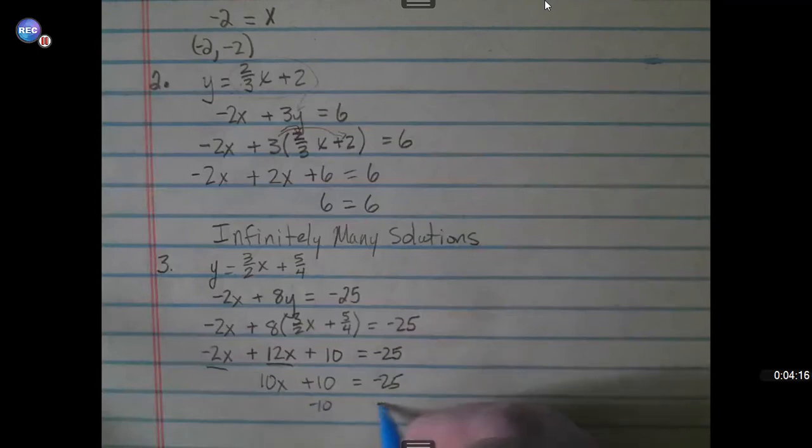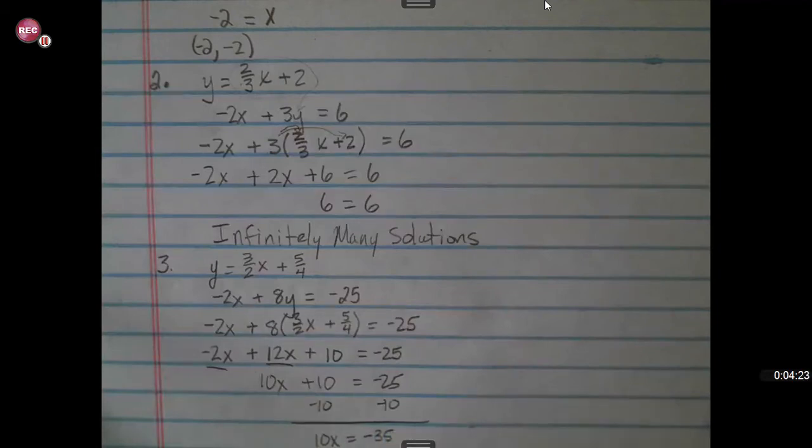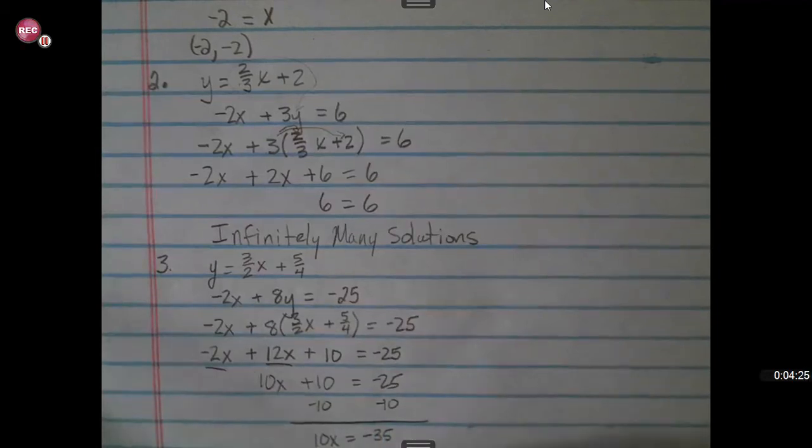Subtract 10 from both sides. 10x equals negative 35. So x is negative 35 over 10, which reduces to negative 7/2.